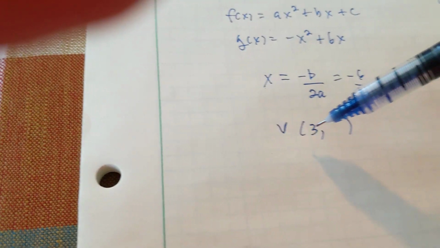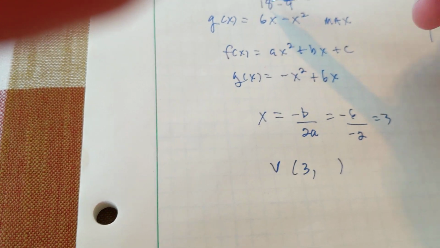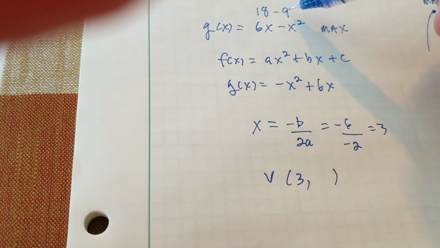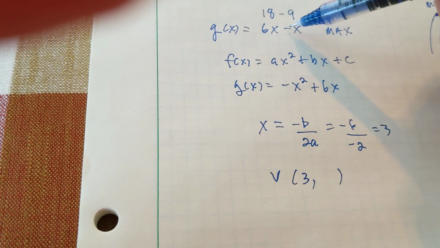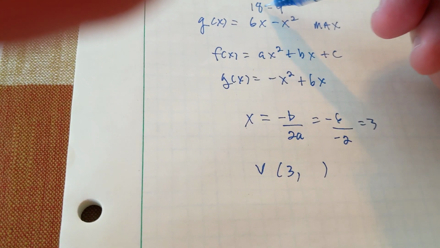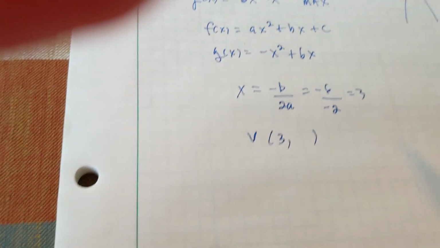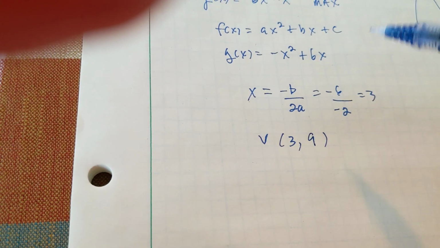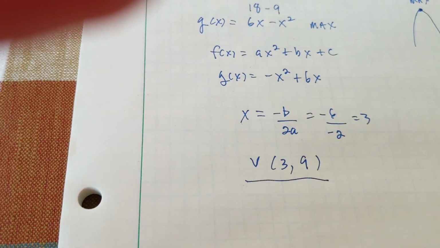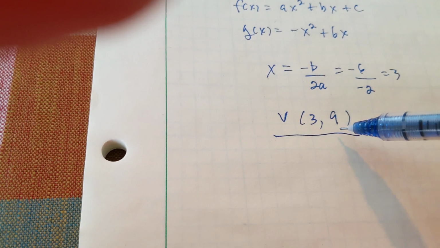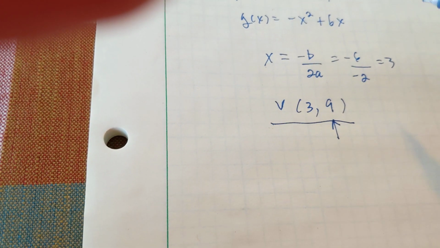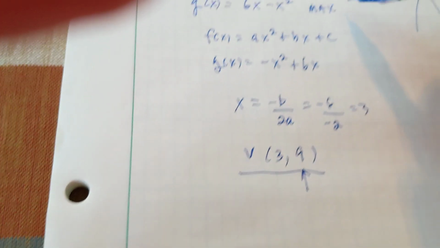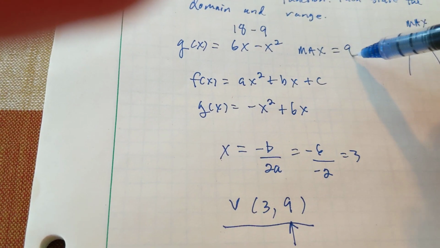So 18 minus 9 is what? 9. So this is my vertex on this problem, and the max is going to be 9.